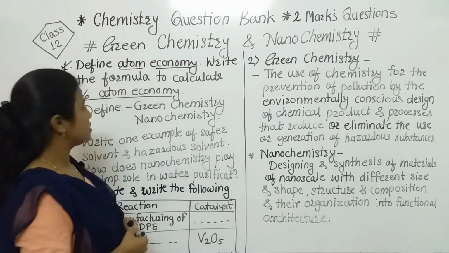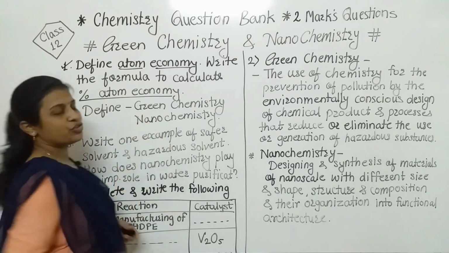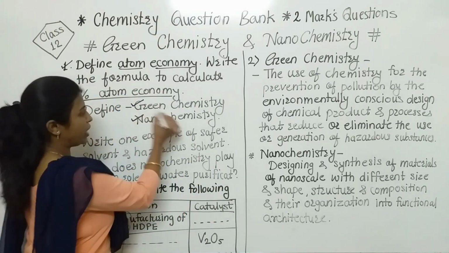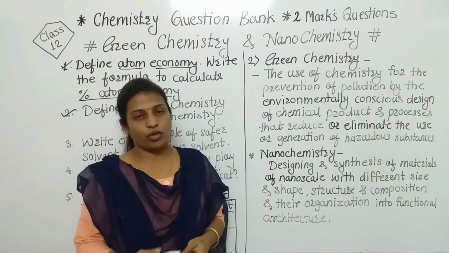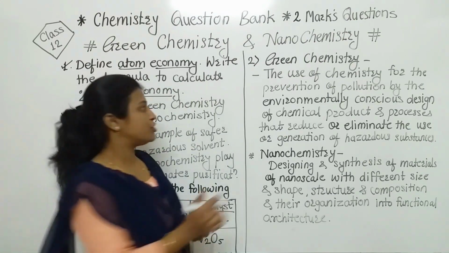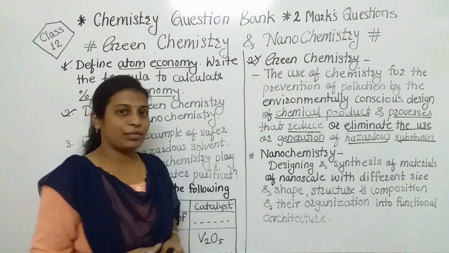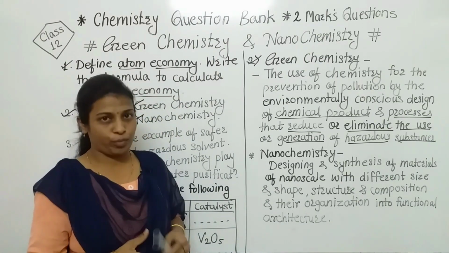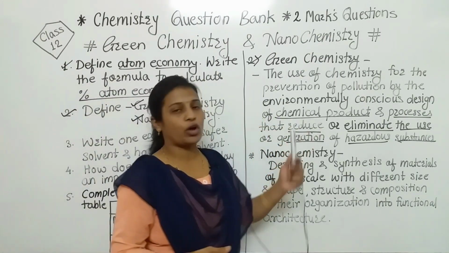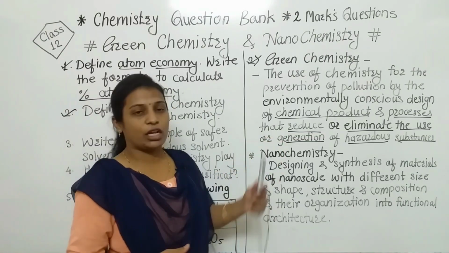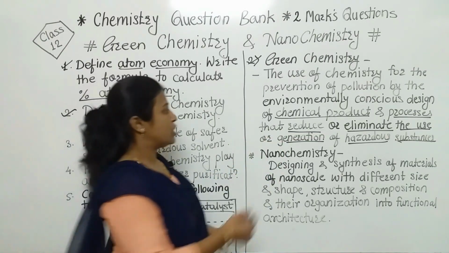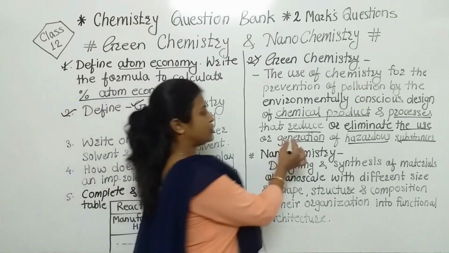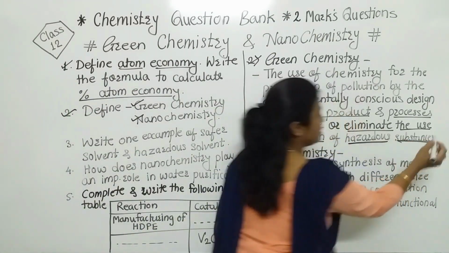Second question is define green chemistry and nanochemistry. Here 1 mark is for the green chemistry definition and 1 mark is for the definition of nanochemistry. Green chemistry is the use of chemistry for the prevention of pollution by environmentally conscious designs of chemical products and processes that reduce or eliminate the use or generation of hazardous substances.